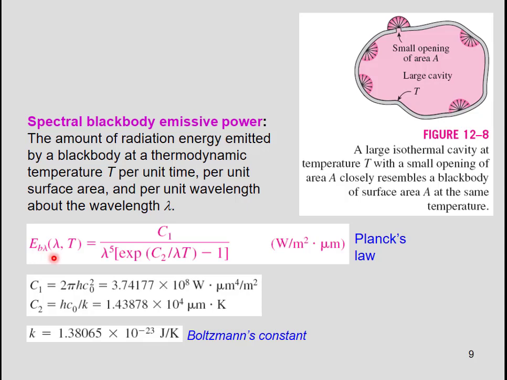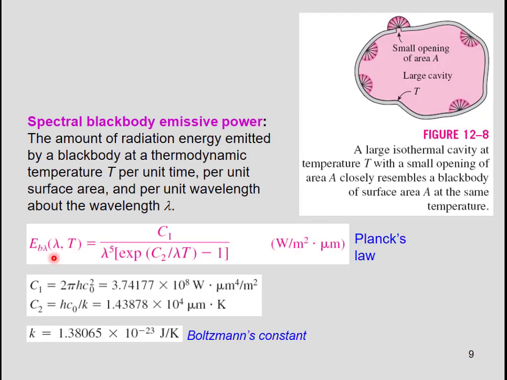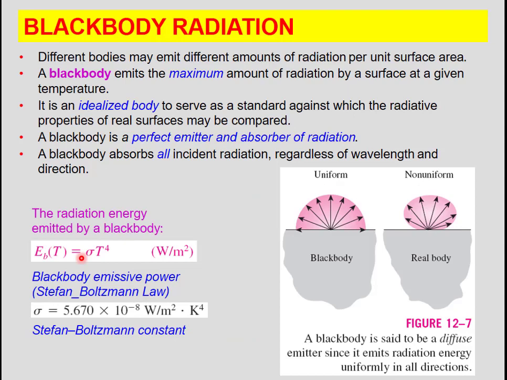The difference between this and the previous equation is the introduction of this lambda. As you can see here, lambda, or wavelength of that kind of electromagnetic wave, is effective on the energy of this radiation energy.